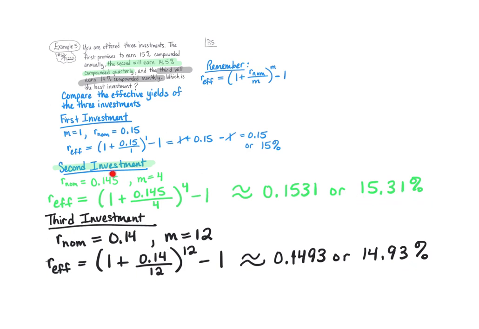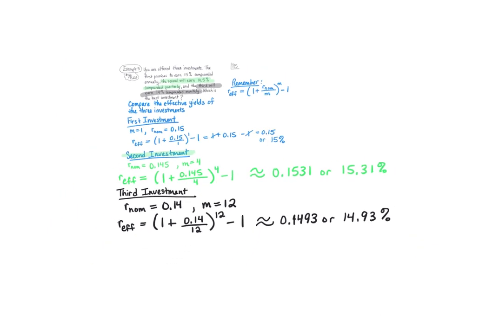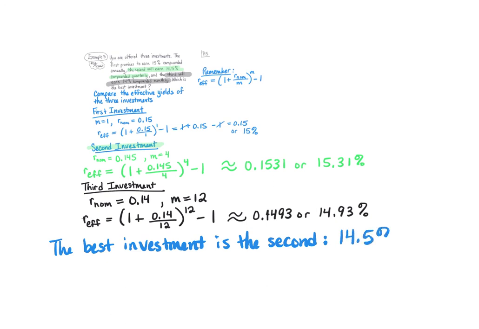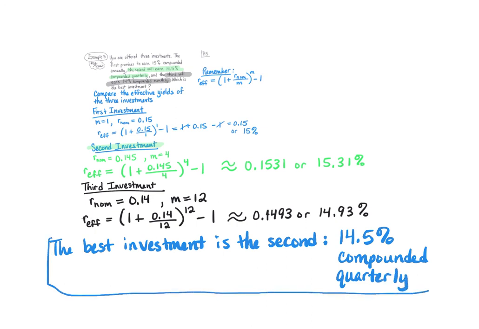So we can conclude the best investment is the second, which was the 14.5% compounded quarterly. Okay, so that concludes section 3.2.